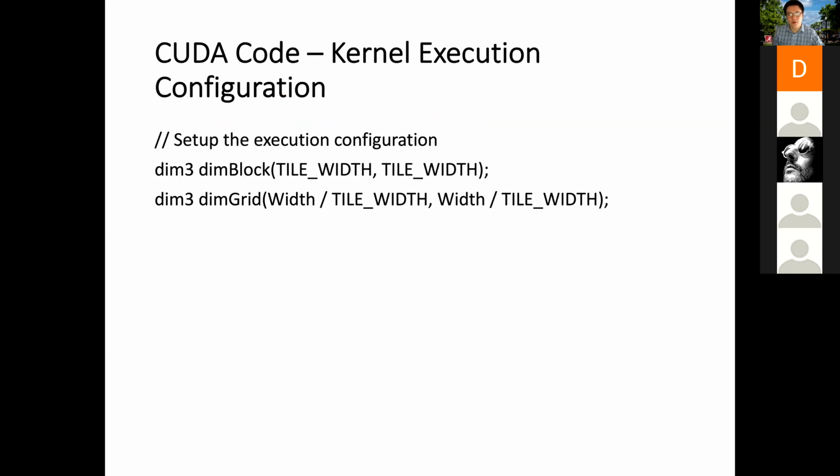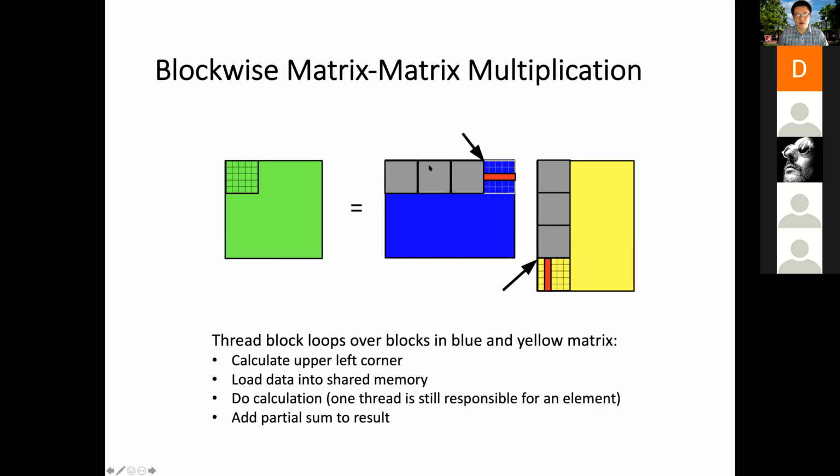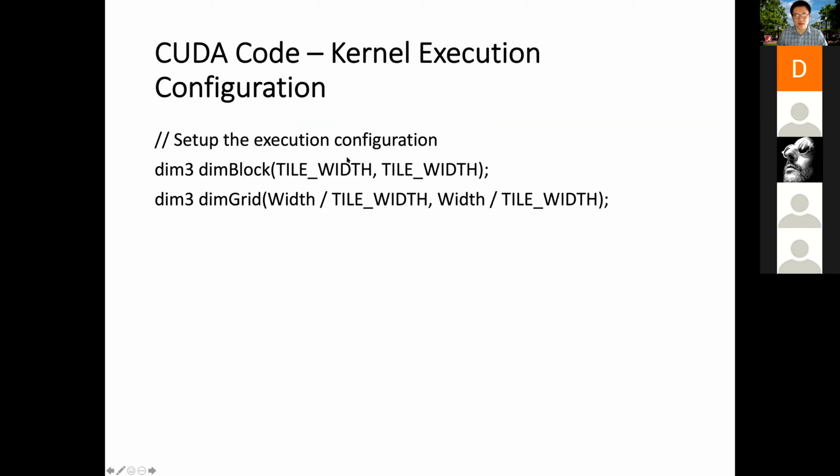Okay, so here is something related to the tile size or tile width. The block size is a tile width, as I mentioned, right? So this is for this gray block. It's a tile width times tile width, and the grid is width divided by tile width, right?